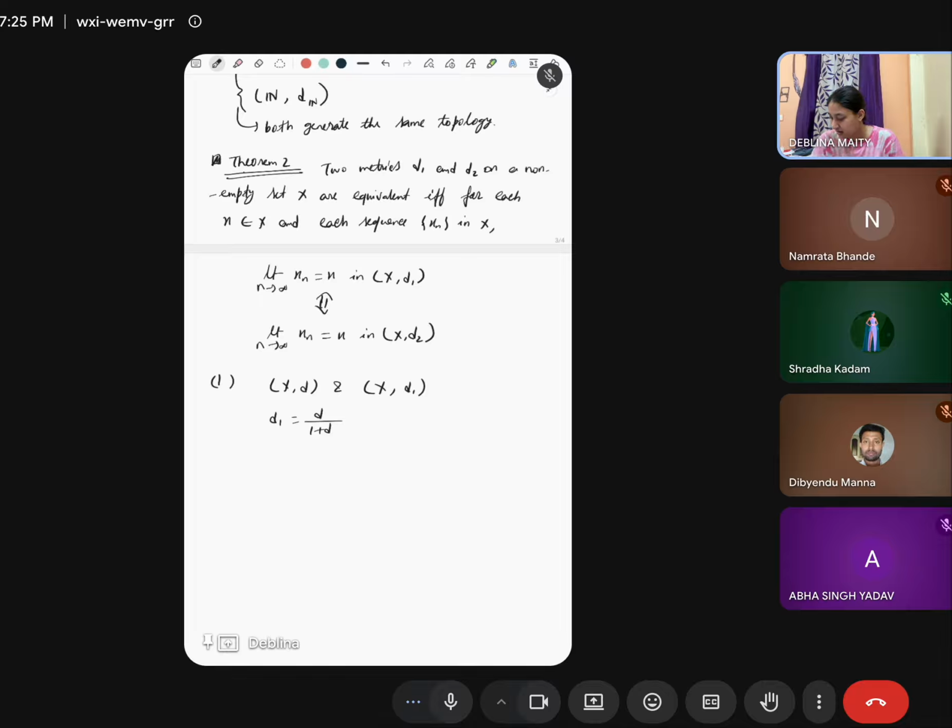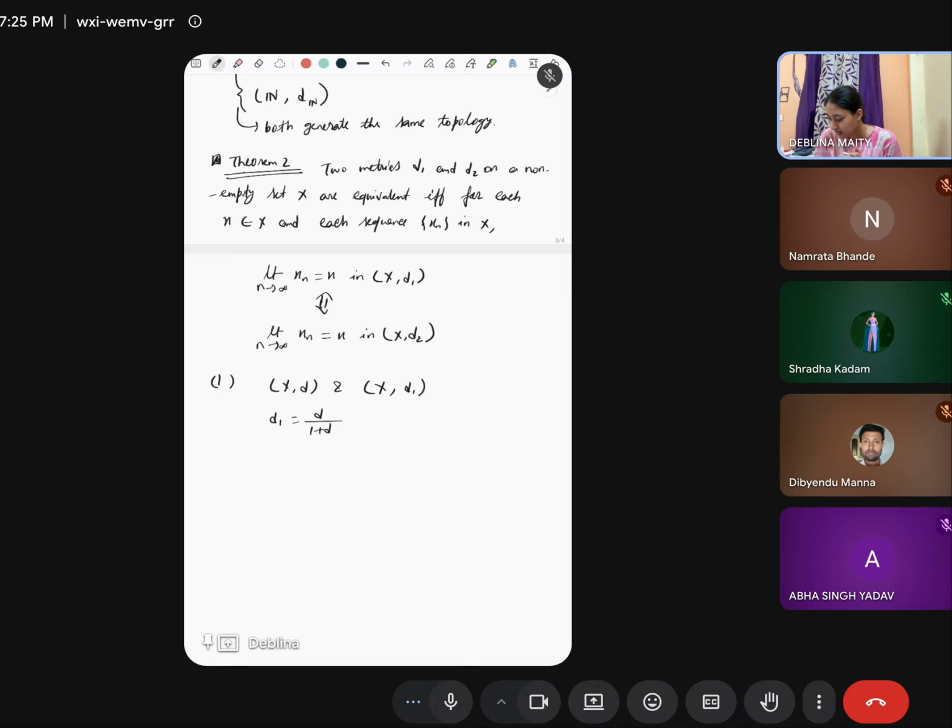In the last session we have already shown that these two metrics are equivalent, and now we'll show this by this theorem.